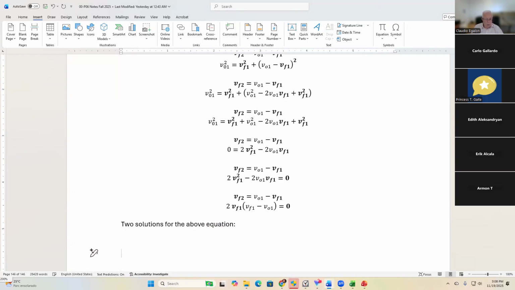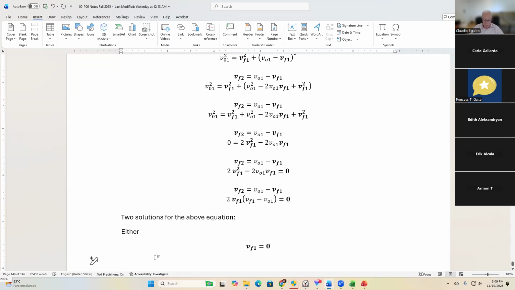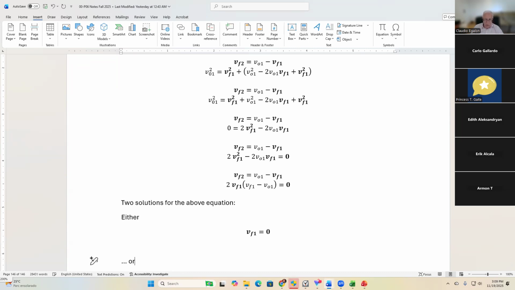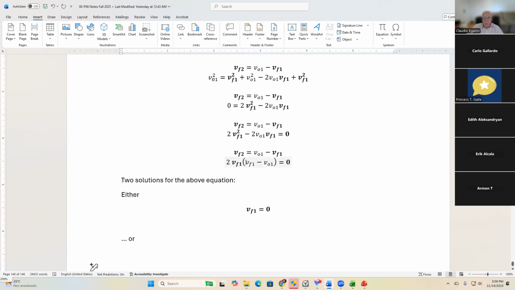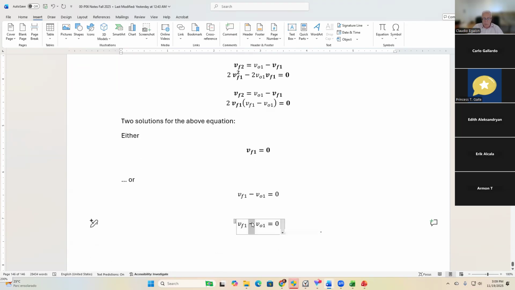Either VF1 is equal to 0, final velocity of 1 is equal to 0, or VF1 minus V naught 1 is equal to 0. Which means that V final 1 is equal to V naught 1.